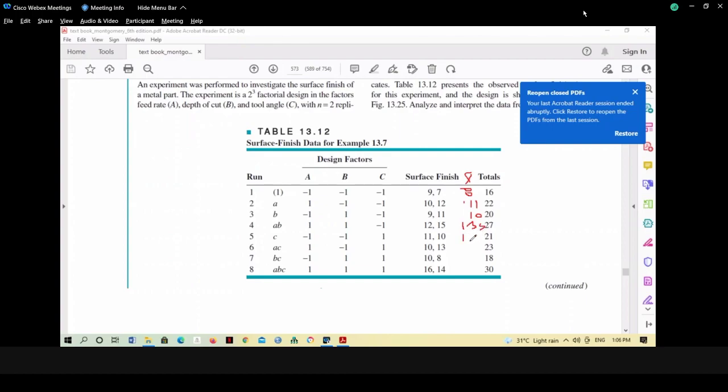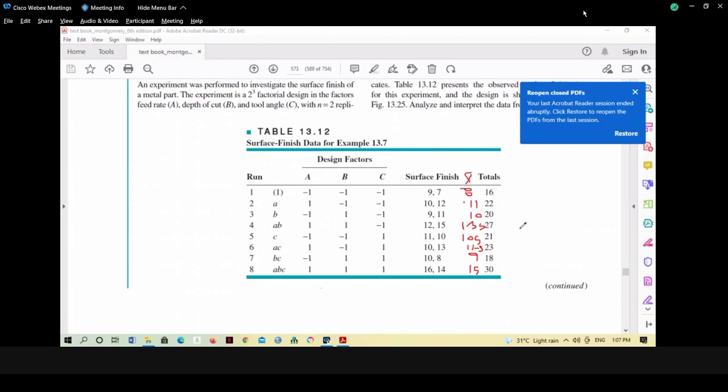Refer to your notes, guys. This is just a kind of revision. Then 11.5, 11.5, this is 9, and 9 and 15.